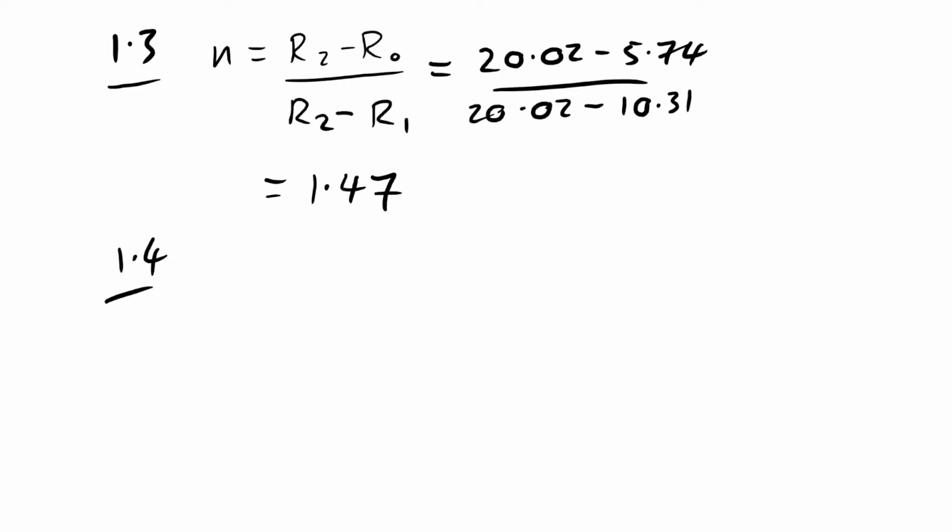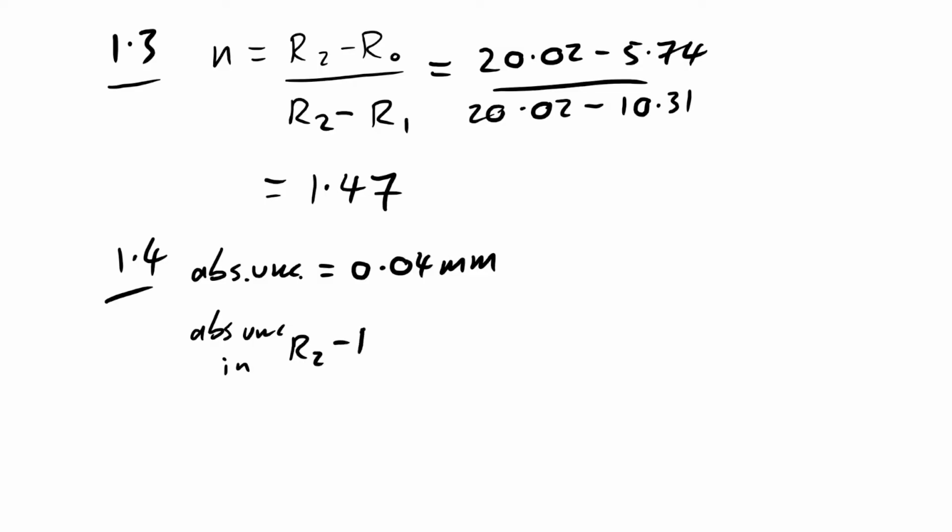1.4. We're told that the absolute uncertainty in all the readings is 0.04 mm. So therefore, absolute uncertainty in one value take away another, well, there's that uncertainty in that and that. So all we're going to say is that it's 0.04 plus 0.04, it's double.